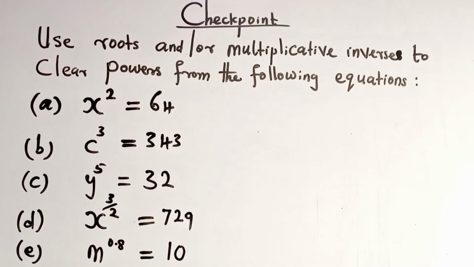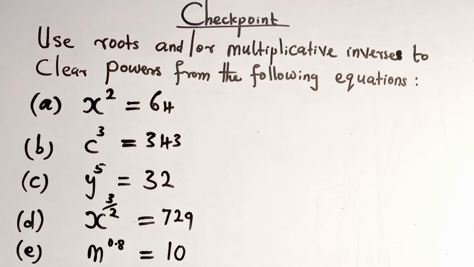All right, look at the questions on the board. It says use roots and or multiplicative inverses to clear powers from the following equations. These are the equations. Use any of the two methods that you have been taught, which I believe you have learned, to clear the powers from the following.